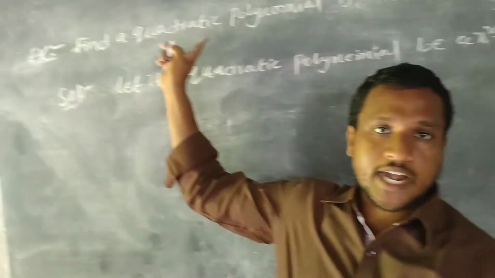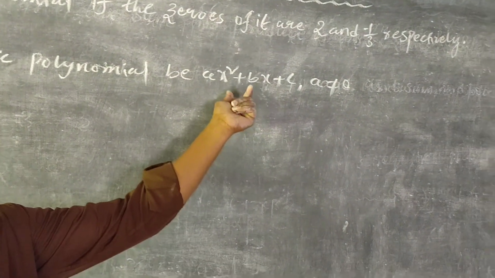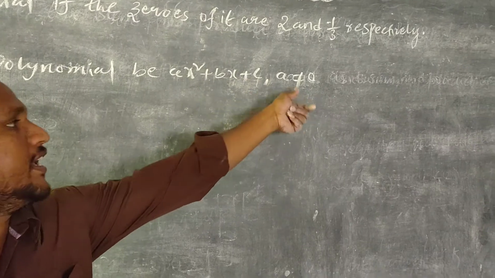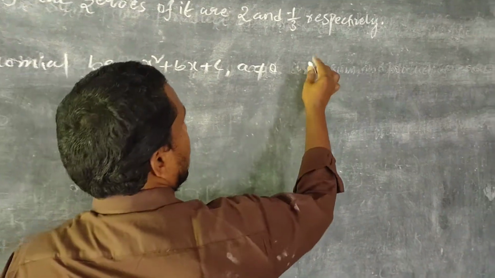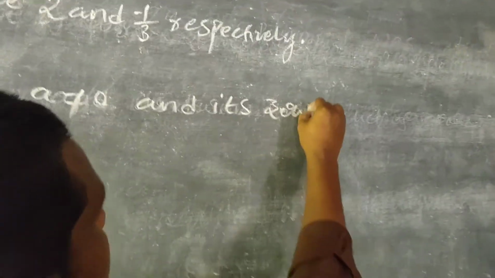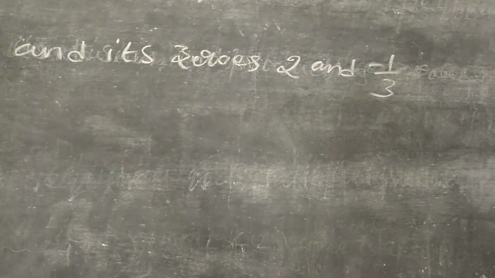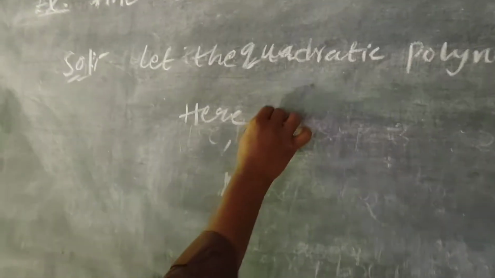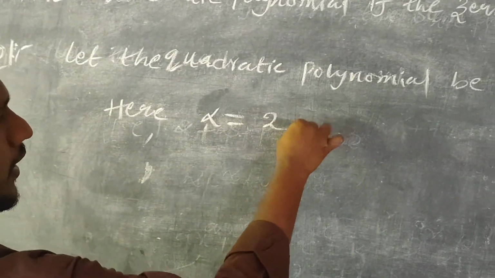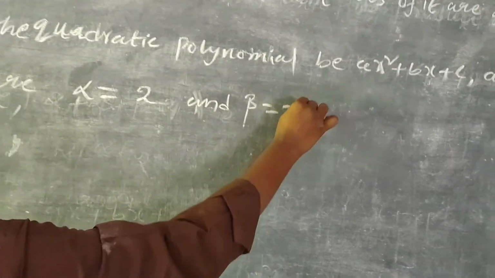Find the quadratic polynomial. Let the quadratic polynomial be of the general form ax square plus bx plus c, where a is not equal to 0, and its zeros are 2 and minus 1 by 3. Here alpha is equal to 2 and beta is equal to minus 1 by 3.